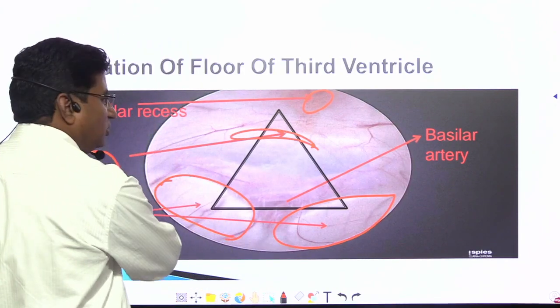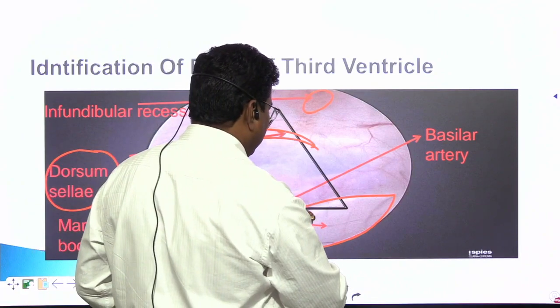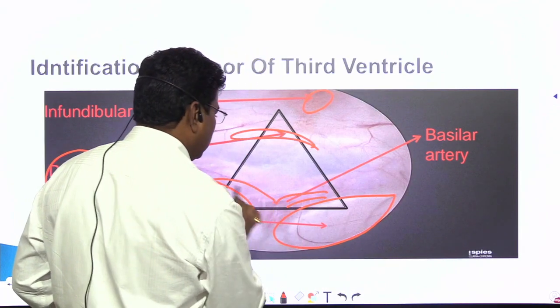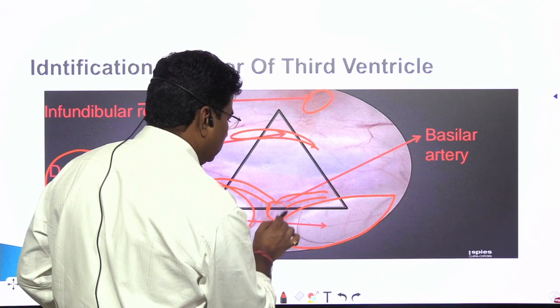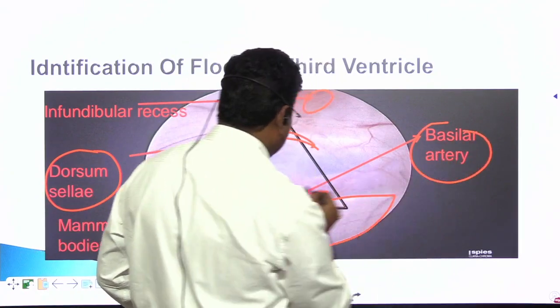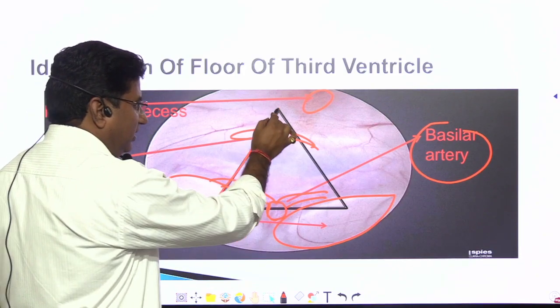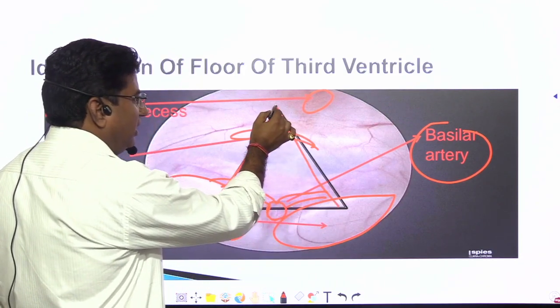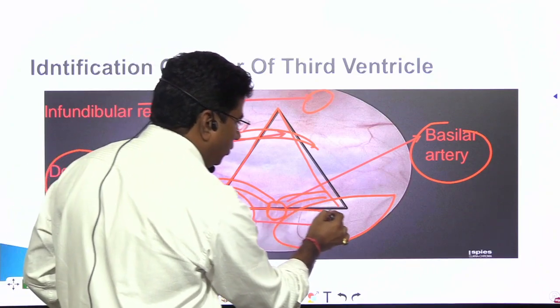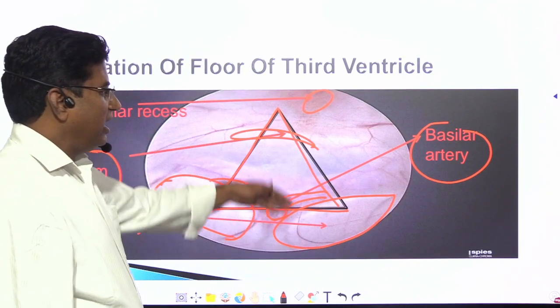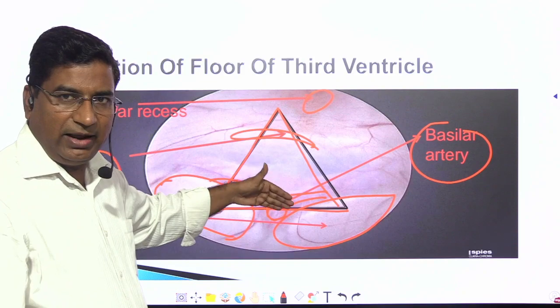You are aware about dorsum sella. This is basilar artery and its bifurcation. So there is a triangle from the hypophysis to both mammillary bodies, known as hypophysio-mammillary triangle.